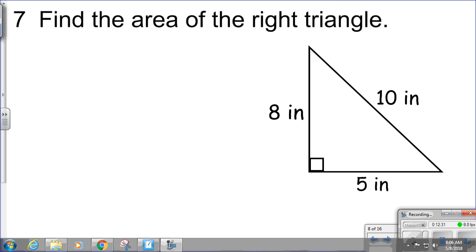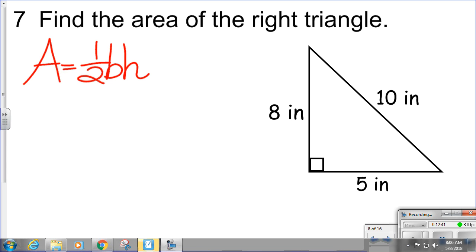Okay? Find the area of the right triangle. Again, the area is 1/2 base times height. Do I need all 3 of these numbers on this shape? No. Which one can I cross off? The 10, the diagonal. That's the hypotenuse. You won't need that until 7th grade unless you're finding perimeter of a triangle.